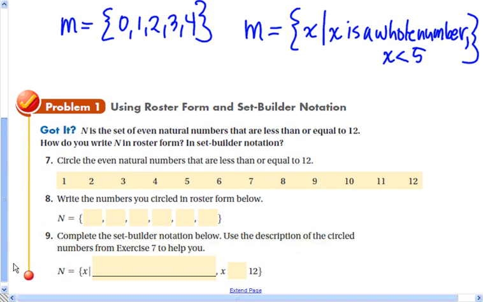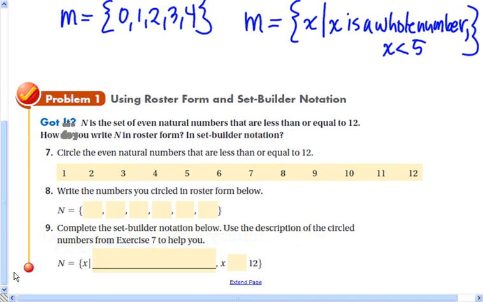We'll do some examples here. We want N is a set of even numbers that are less than or equal to 12. How do you write N in roster form and set builder notation? Let's make sure we have all the numbers that we need. All even natural numbers that are less than or equal to 12. That would be 2, 4, 6, 8, 10, and 12. So in roster, we just list them using braces.